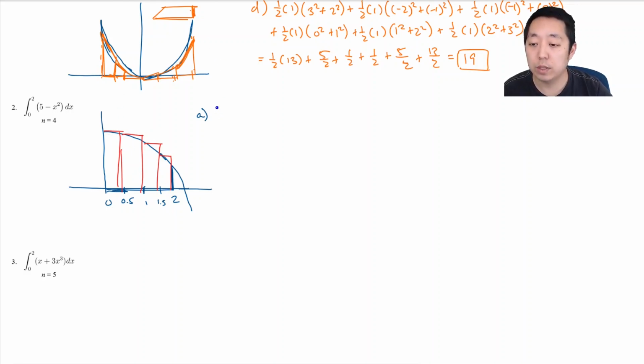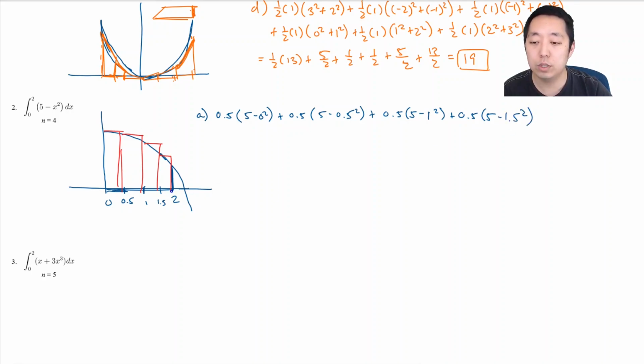So this is going to be the width, which is 0.5, times the height, which is plugging in 0, 5 minus 0 squared, plus 0.5 times 5 minus 0.5 squared. This is 0.5 times 5 minus 1 squared. And then 0.5 times 5 minus 1.5 squared.